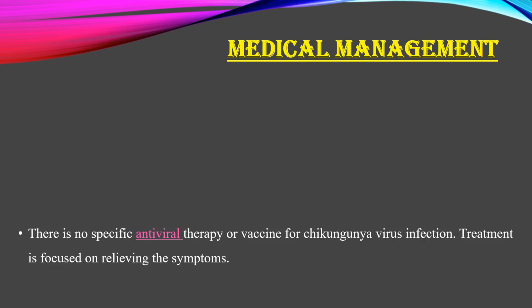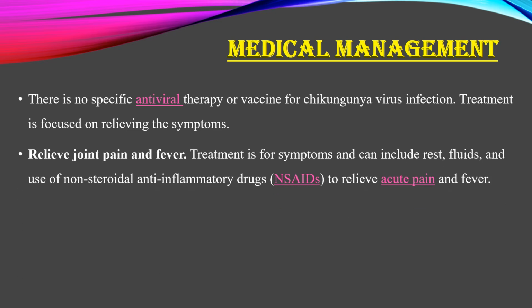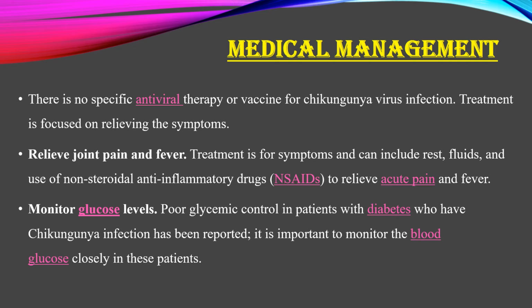Medical management. There is no specific antiviral therapy or vaccine for chikungunya virus infection. Treatment is focused on relieving the symptoms. To relieve the joint pain and fever, treatment is for symptoms and can include rest, fluids, and use of non-steroidal anti-inflammatory drugs, which are the NSAIDs, to relieve the acute pain and fever.